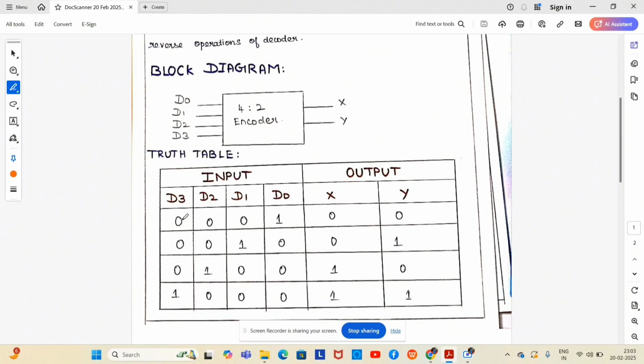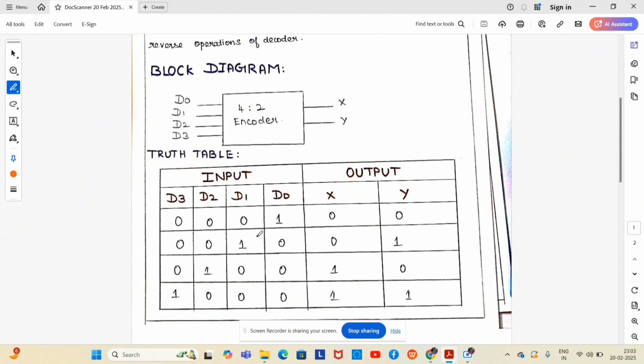Out of these four inputs, one input is activated at a given time. If D0 is activated, then the remaining inputs are inactivated. If D0 is activated, then it produces 00 as output.